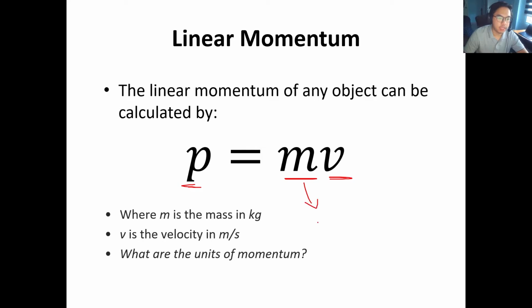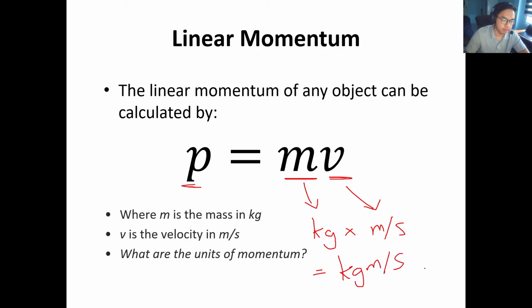What's the unit for mass? Kilograms. What's the unit for velocity? Meters per second. So the unit of momentum is kilograms multiplied by meters per second, which becomes kilograms meters per second. That's the unit of momentum.